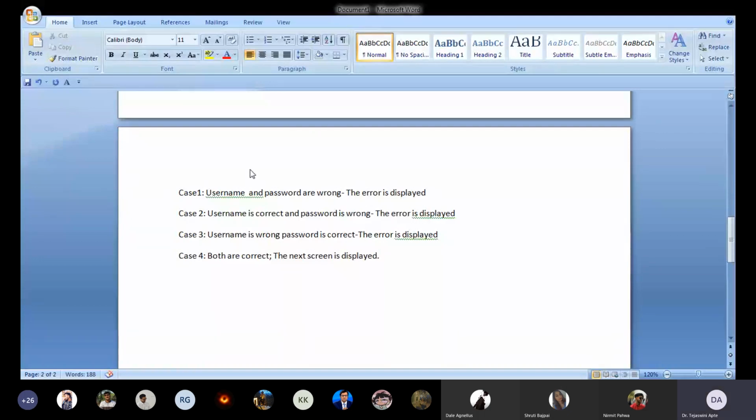Okay, all the participants. Yes, ma'am. So when you go through these test cases, you need to find out, okay, username you are putting wrong and password is wrong, so you are going to stay on the same screen. If one of them is wrong, you are going to stay on the same screen. Now, what is the error message going to display?